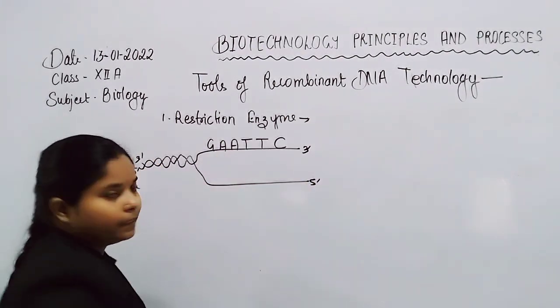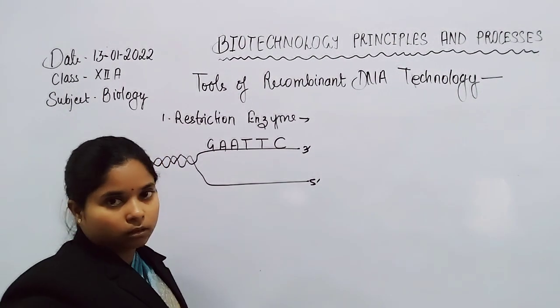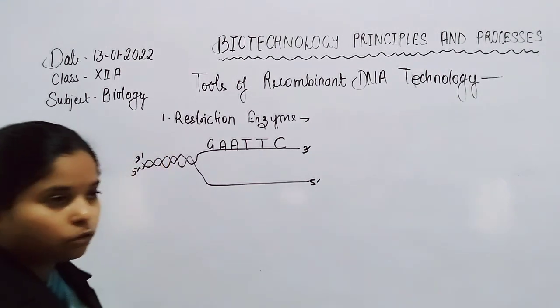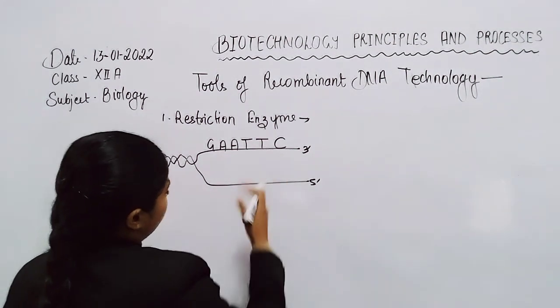5 prime, 3 prime, and 5 prime, 3 prime. Now the rule of complementarity will be followed by the palindromic sequence of DNA.